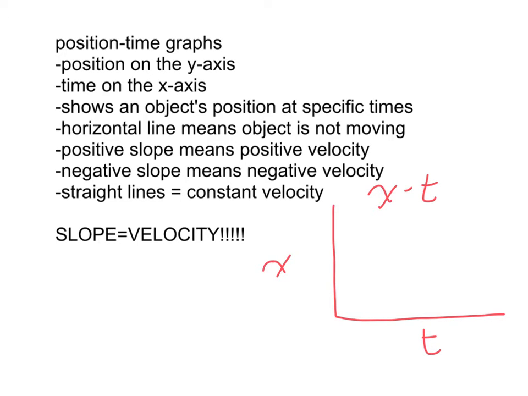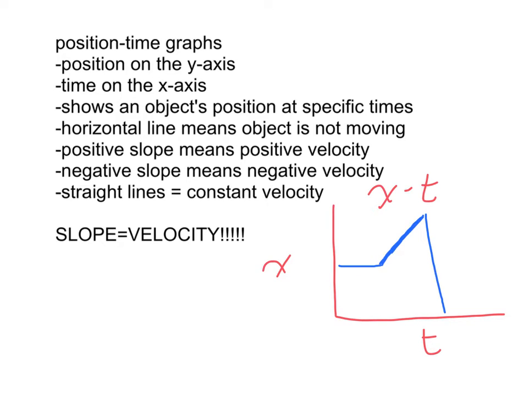If you have a horizontal line on the position time graph, that means for those seconds the object is not moving. If you have a positive slope, it means we have a positive velocity. If you have a negative slope, it means you have a negative velocity. Since these lines are all straight, it means that the object is moving at a constant velocity.